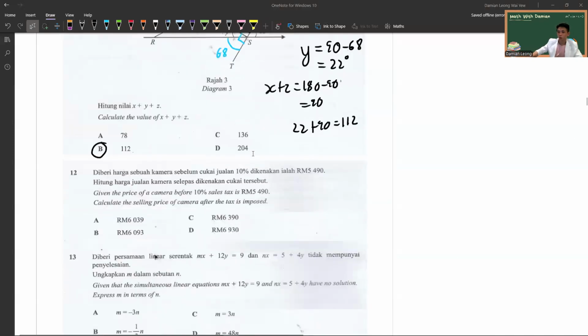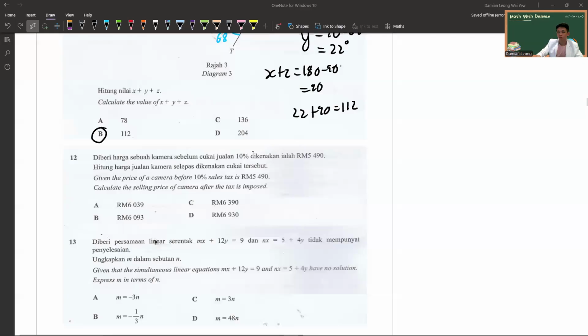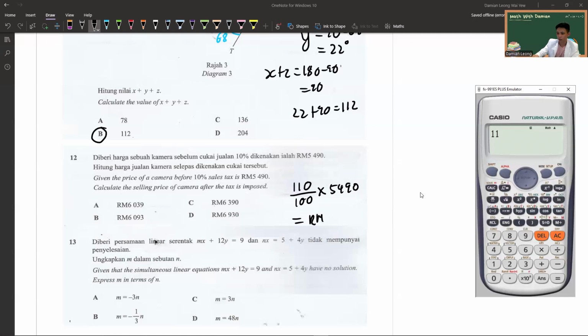Okay, so look at question 12 now. Given the price of a camera before 10% sales tax is 5,490, I want to calculate the selling price of the camera after the tax is imposed. It's just 10% sales tax on top of the price, which means it will be 110%, or you can count 10% and add it on, and you will get the same thing: 110 over 100 times 5490.